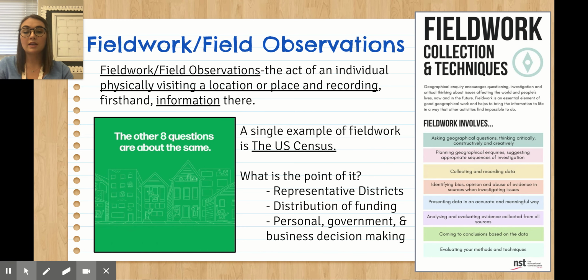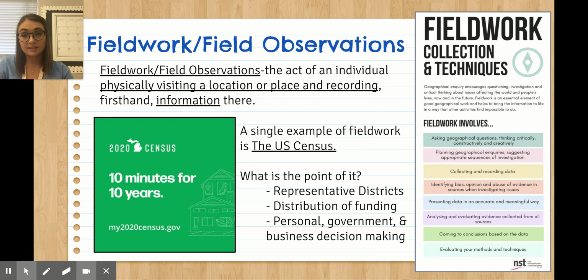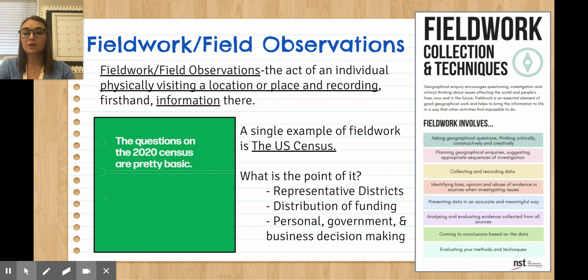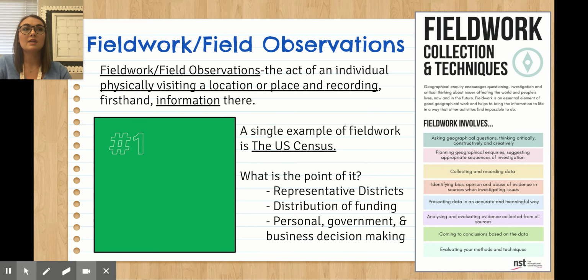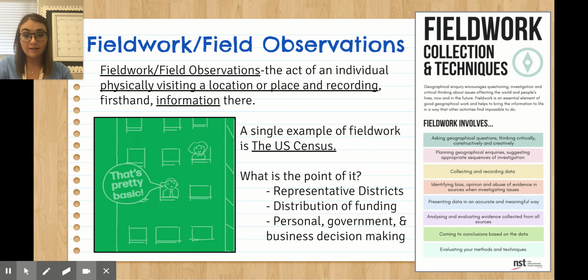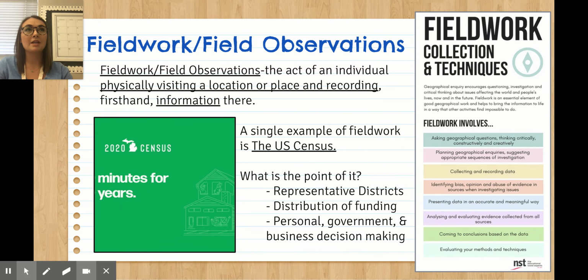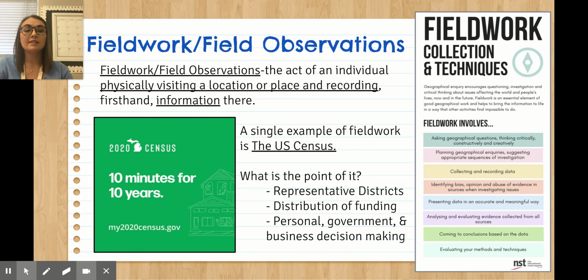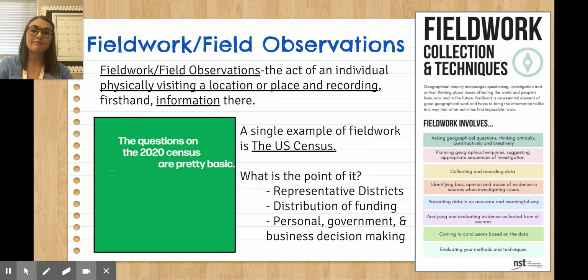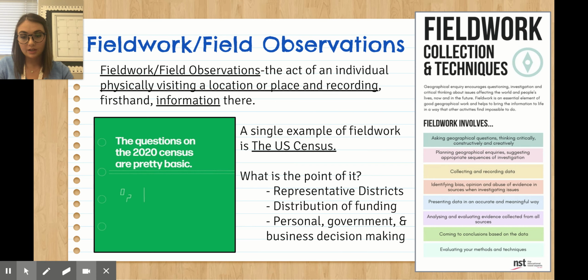And so, an example of this, and something that's actually currently happening, is the US Census. And so, if you're unfamiliar, the US Census is a nationwide population count every 10 years. And it's not just how many people live in the United States, it's how many people live here and where they live.